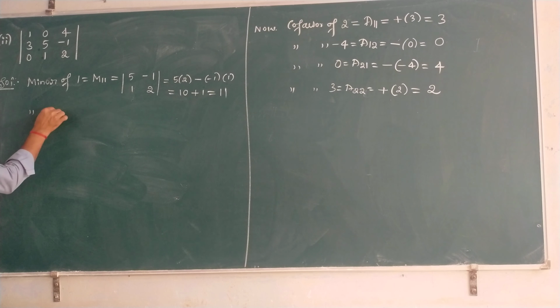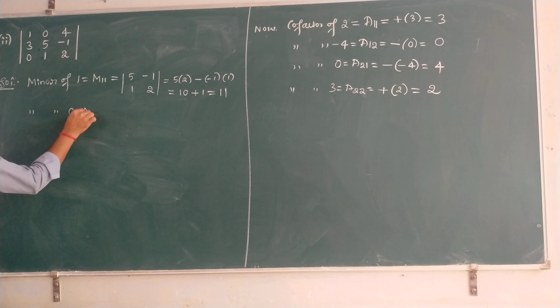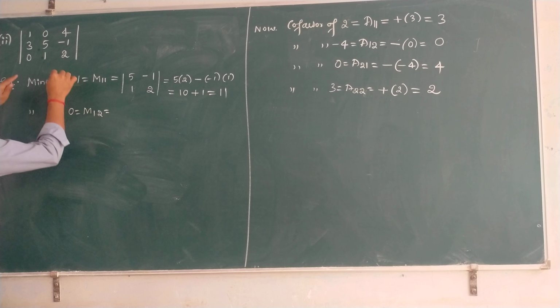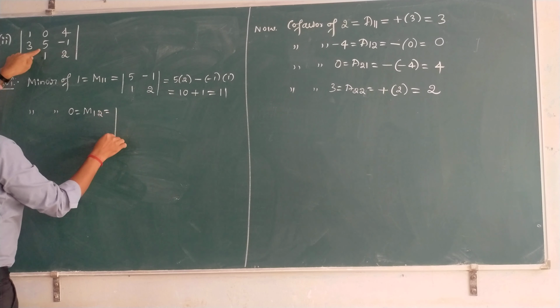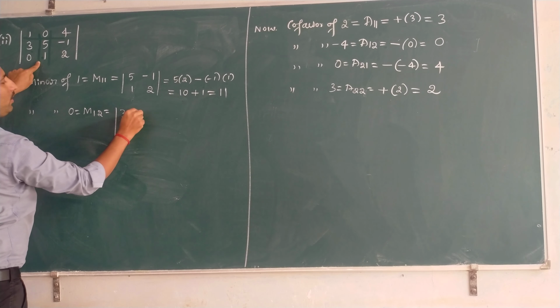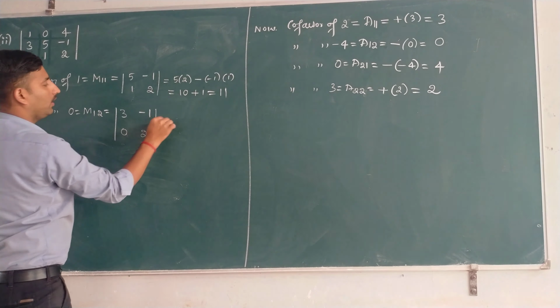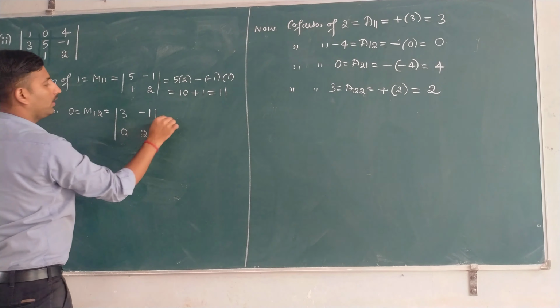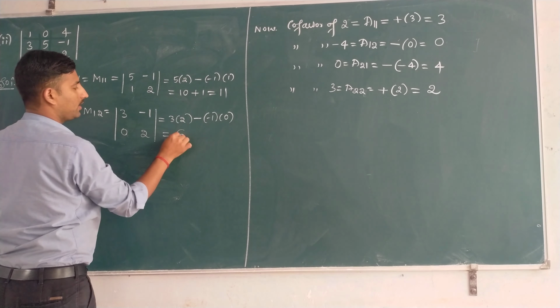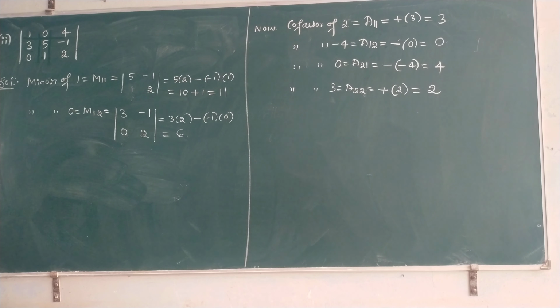After that, minor of 0, which is m12: eliminate this row and this column. The elements are 3, 1; minus 1, 2, so 3 into 2 minus 1 into 0, which is 6.